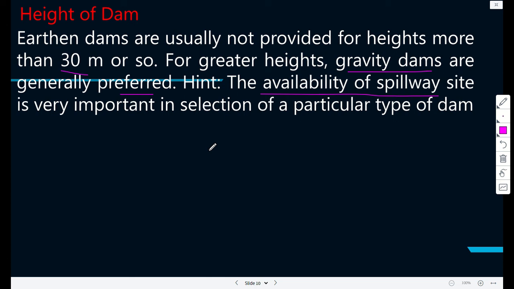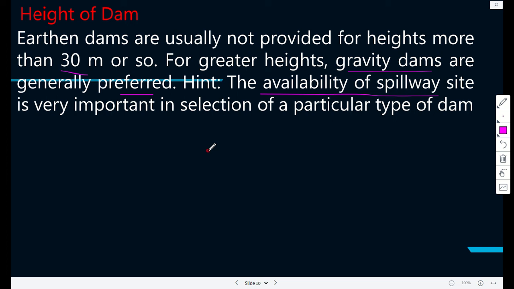Otherwise, if there is no spillway, the water may overtop the dam, and of course, it's water under very high pressure. If it erodes the dam, the main impounding structure, then of course people downstream are in danger.